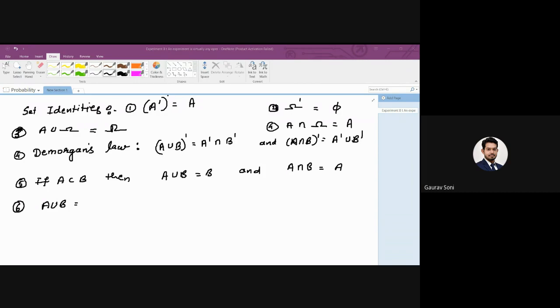I hope the question is clear. If you're not getting it, for your understanding I'll draw the diagram also. This is A, this is B. I want you to write down A union B as the union of mutually exclusive events.